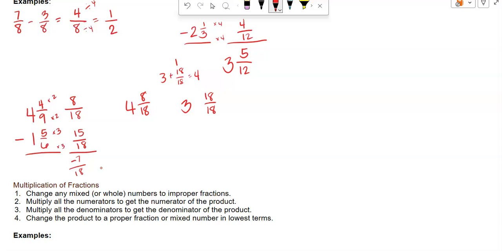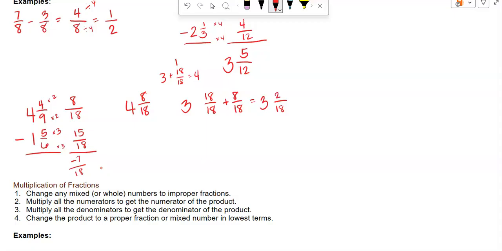So now that I have this 3 and 18 over 18, I'm going to add this original fraction of 8/18. And then now if I add these together, 3 and 18/18 plus 8/18 is going to give me 3 as my whole number, 18 as my denominator, and then what I need to do now is to add 18 plus 8.